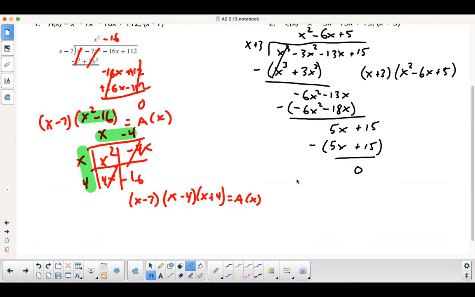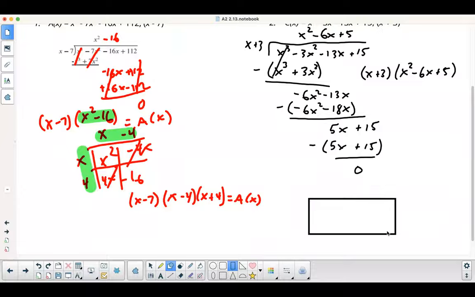So what I'm going to do is go back to using the box method here. You could divide this into that to find one of the other factors, but it's a little bit more time consuming here. So I'll tell you what, that last box was really, really sloppy. So I'm going to make it a little neater here.